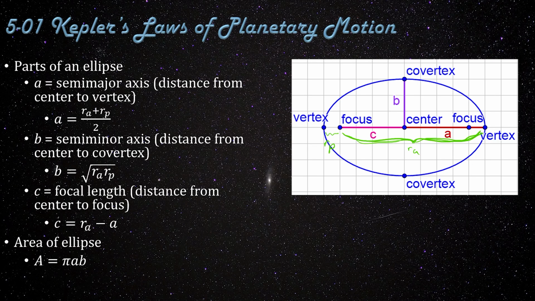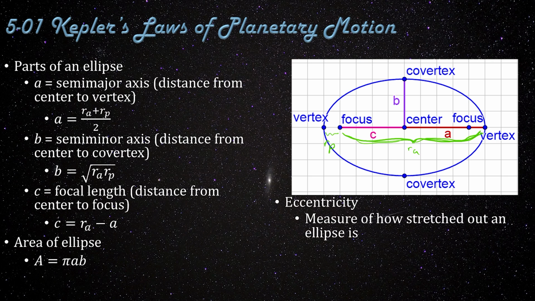The area of an ellipse is pi AB. And the measure of the ovalness of an ellipse is eccentricity. It's how stretched out the ellipse is. Eccentricity is C over A. If the eccentricity is 0, you get a circle.